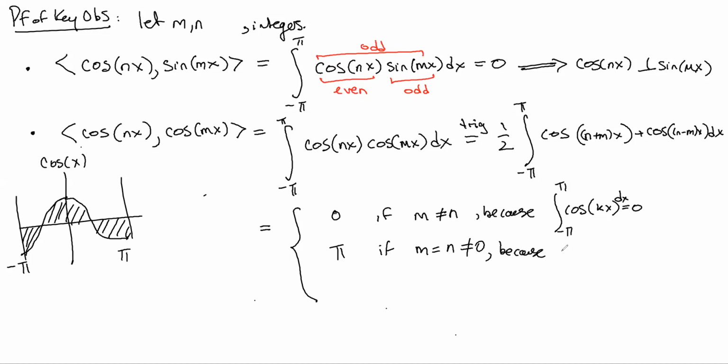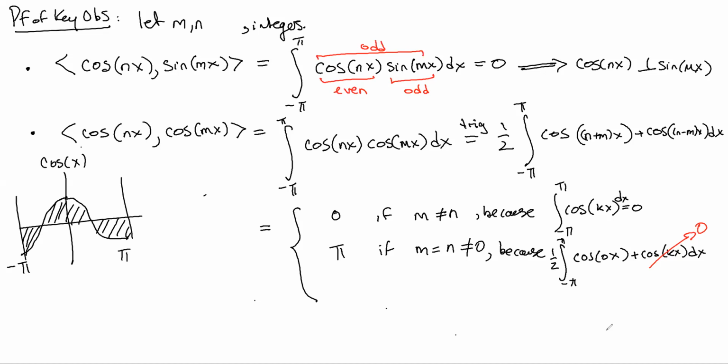It becomes half the integral of cosine 0x plus the integral of cosine kx for k not equal to 0. The second term goes to 0 by the same reasoning as in the first case, and the first term is just 2 pi divided by 2, which becomes pi.